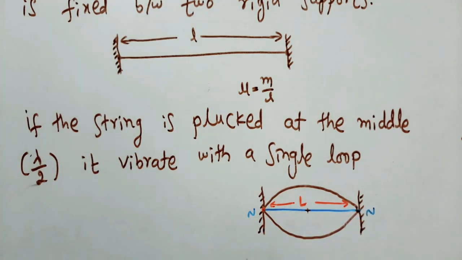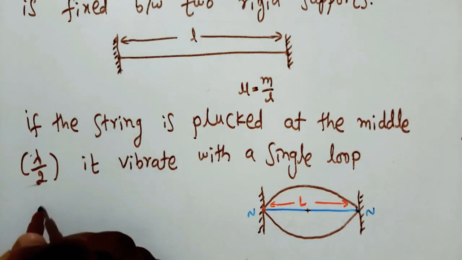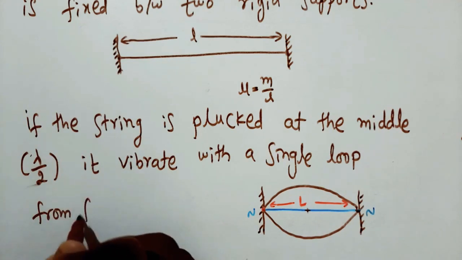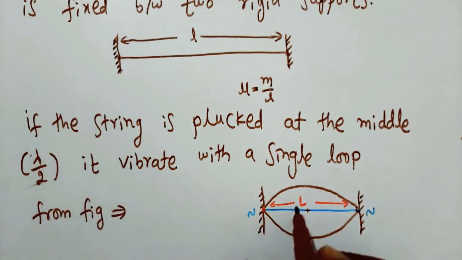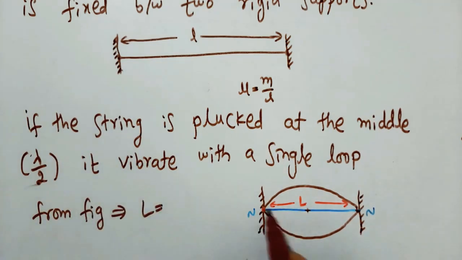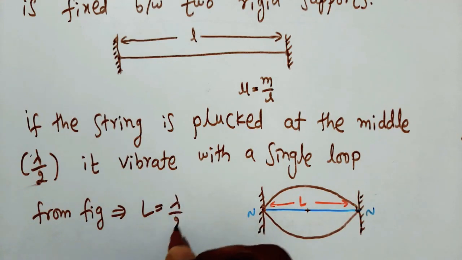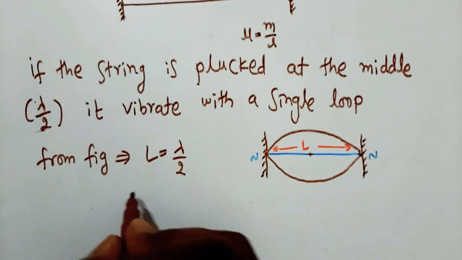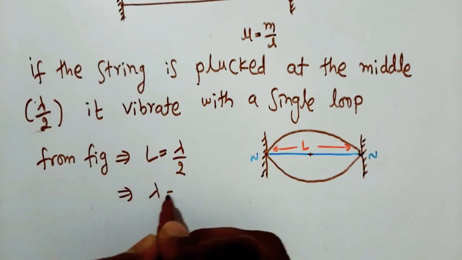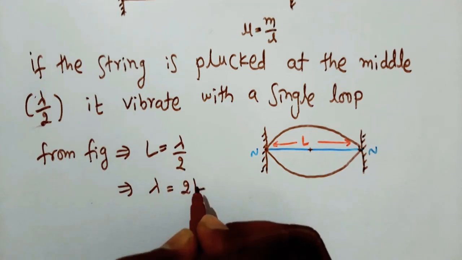That is, from the figure we can write L is equal to the distance between two successive nodes, that is here to here, lambda by 2. So lambda is equal to 2L.